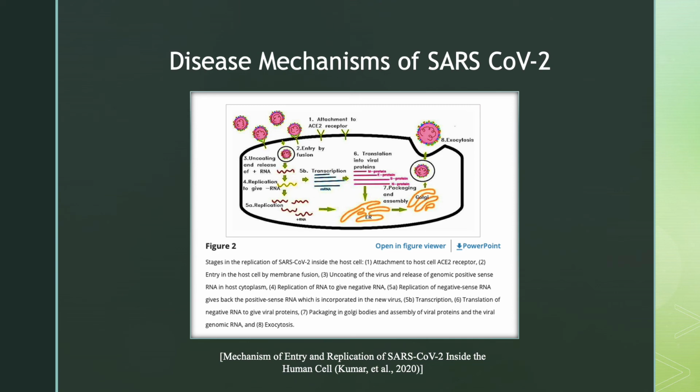Where a typical flu virus travels to the nucleus once it enters the host cell, SARS-CoV-2 releases its positive sense RNA into the host cell cytoplasm. This RNA is translated into polyprotein 1A and polyprotein 1AB, which aid in replication and transcription of viral RNA. Transcribed mRNAs can be translated to produce viral proteins.